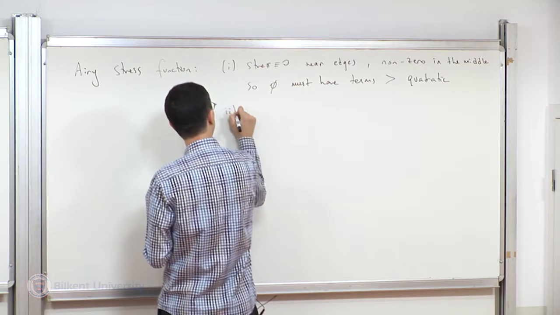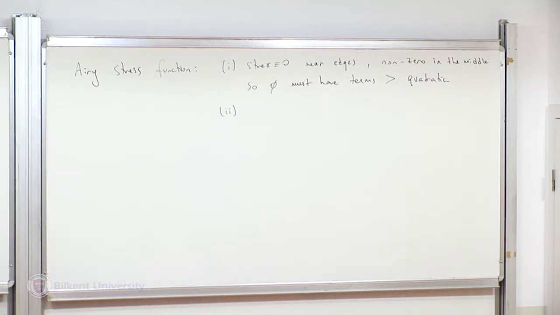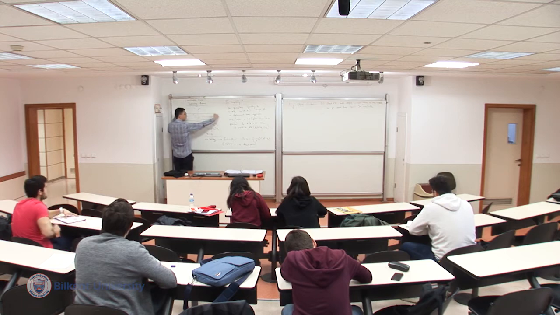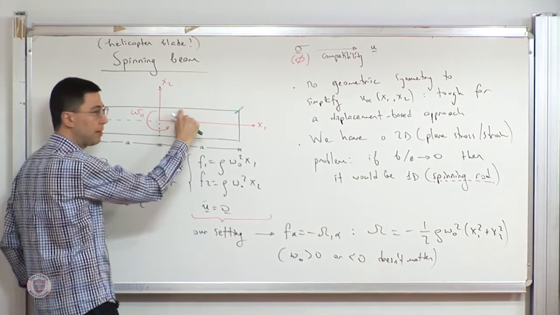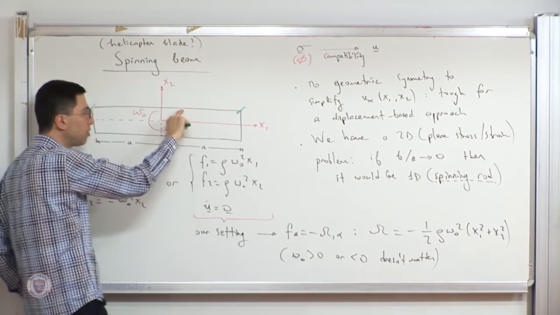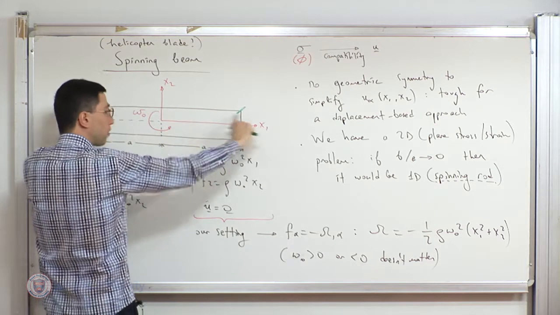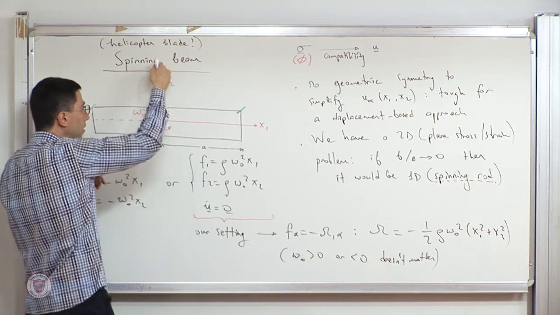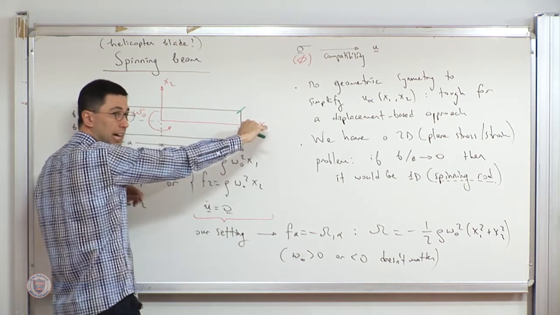Now then I make a second observation. This one is also rather simple and we can relate to it. For instance, the beam tries to expand. And at this point, there will be a certain sigma 1,1. Now, if I look at the symmetric counterpart of that point, because this thing is trying to expand, you can think of the x1 equals 0 and x2 equals 0 lines as symmetry lines.